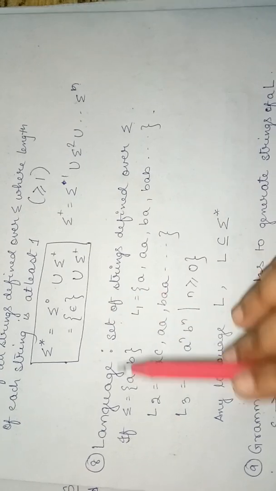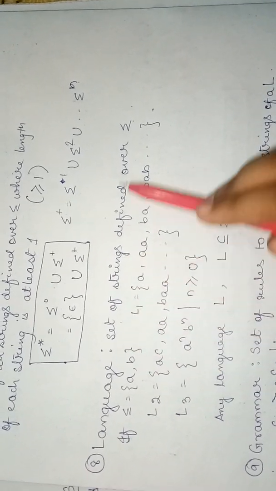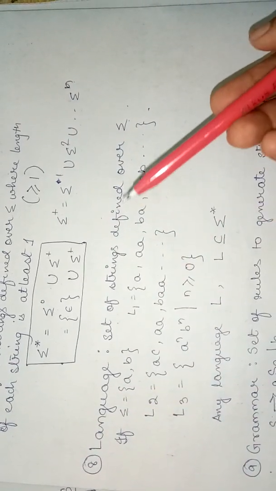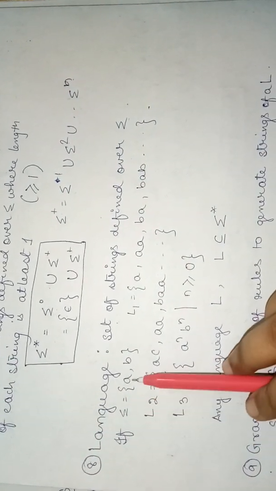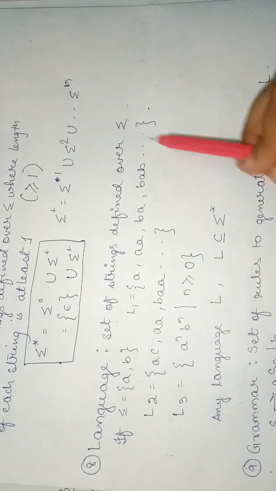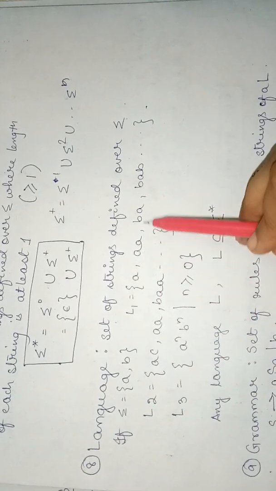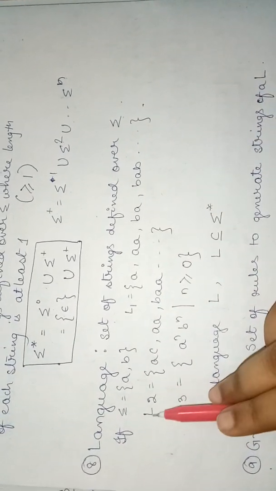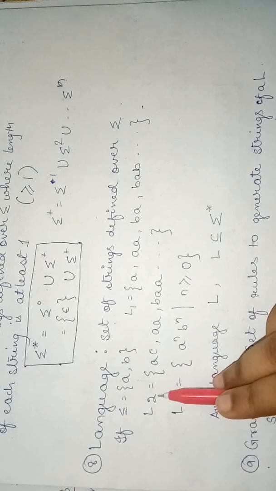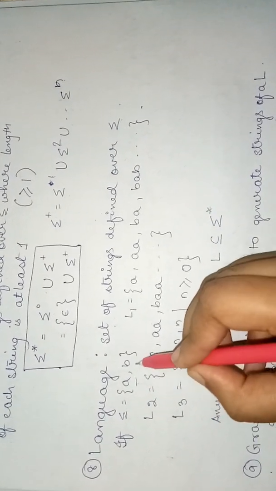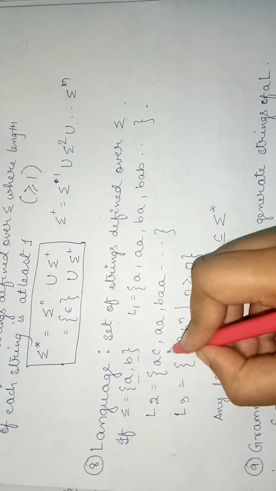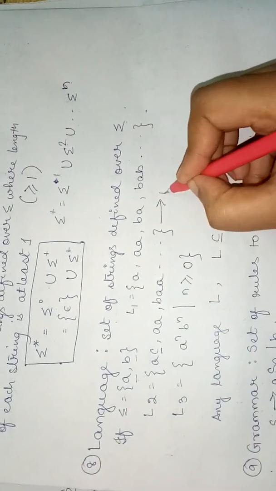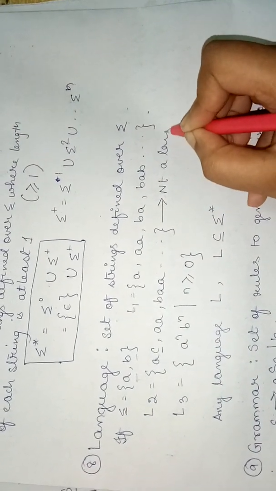Next is the language. As discussed earlier, a language is the set of strings defined over the alphabet, means it is the collection of all the possible strings. If my alphabets are A and B, then this is a language where A, B, any combination of strings. And here L2, this is not a language because only A and B are my allowed symbols, but here I am using C, which means this is not a valid language.